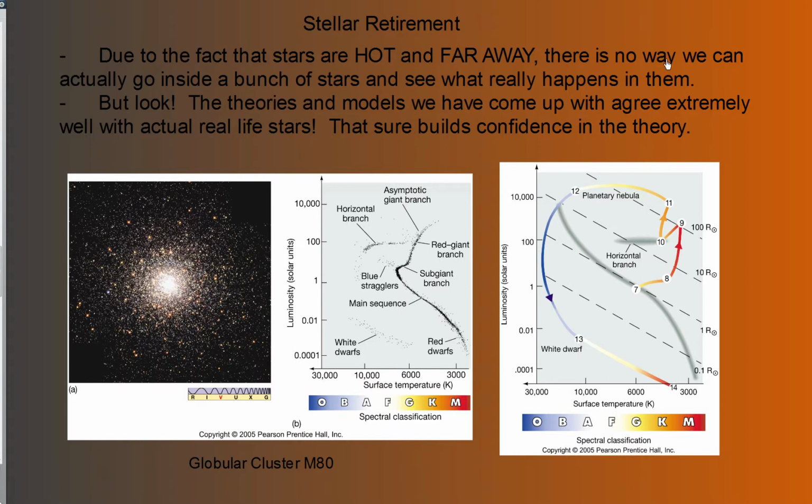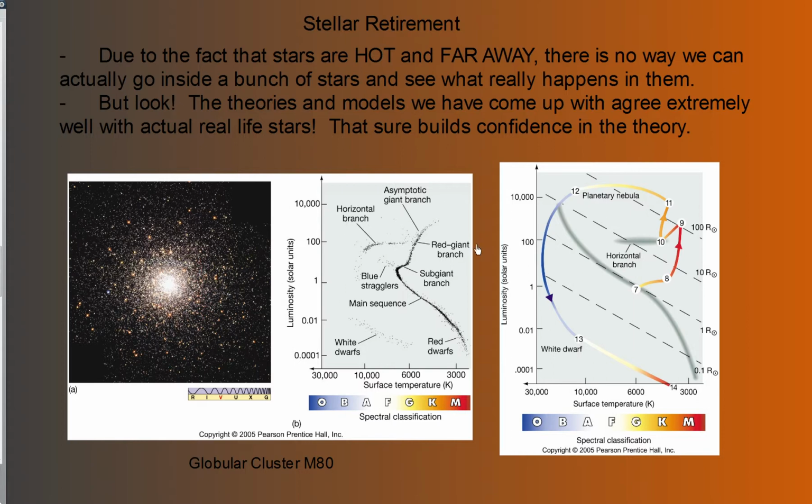We have one star that's close, our sun, but that's one example, and that wouldn't be enough to get a good broad idea of what happens in all types of stars. We can't even probe inside our own star because it's so hot, and anything that we send in there is gone. So we have to come up with theories based on nuclear processes that we are aware of. We studied a bunch of that on Earth.